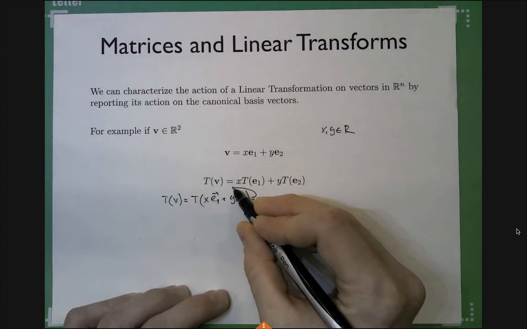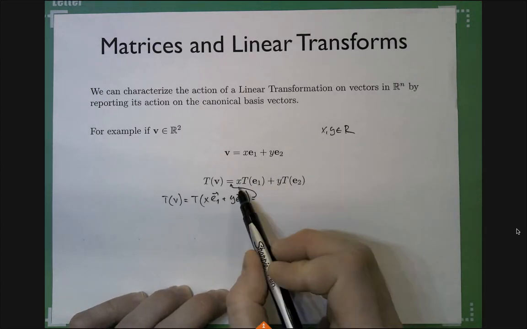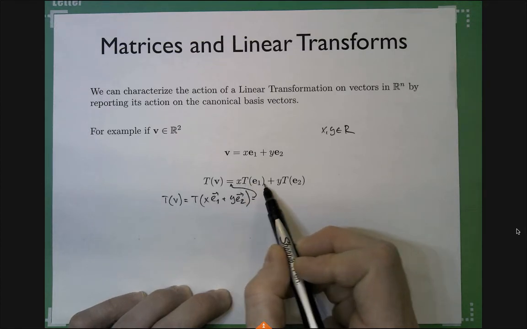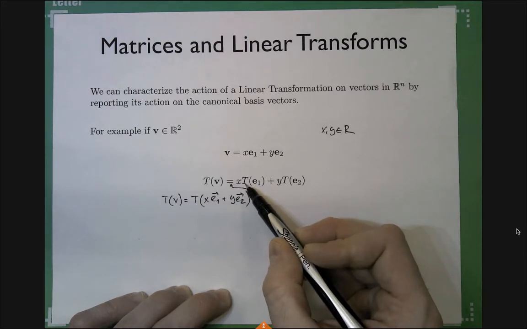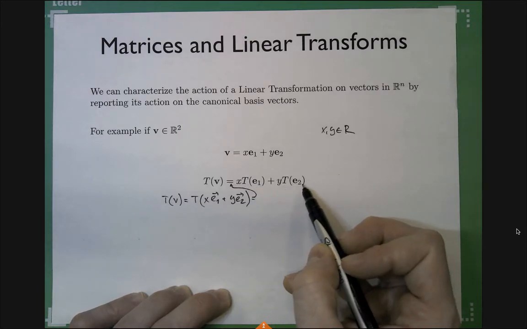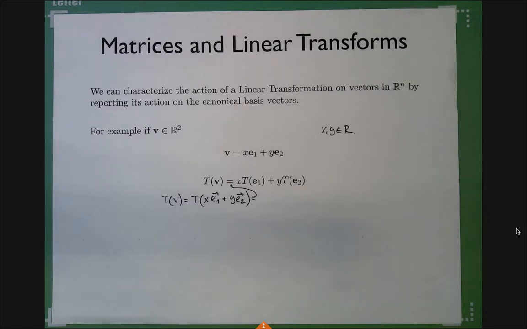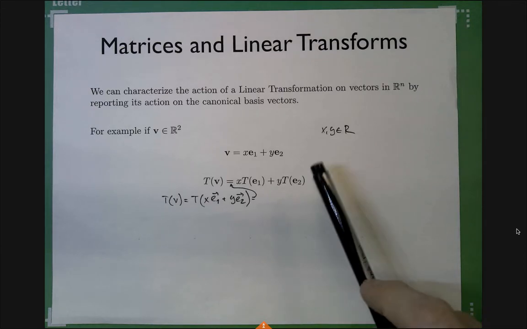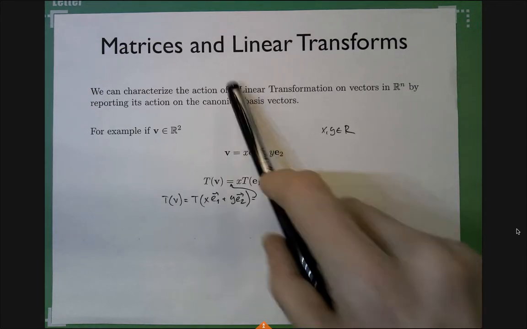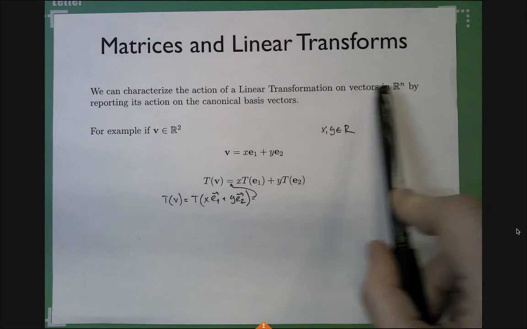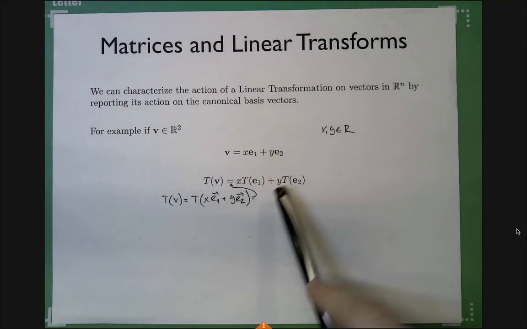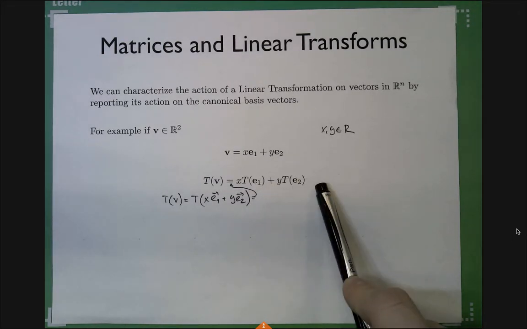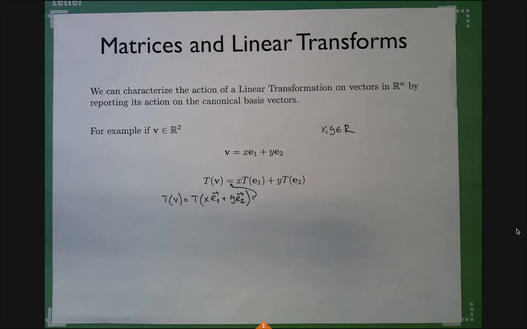And what I will get is exactly this, right? I can take the x out, and I only need to look at the image of the standard basis vector e1 by the transformation T, and the image of the standard basis vector e2 by the linear transformation T, okay? So what this means is that the action of a linear transformation on vectors in R^n is completely characterized by its action on the standard basis vectors. Sometimes they are called canonical basis vectors.